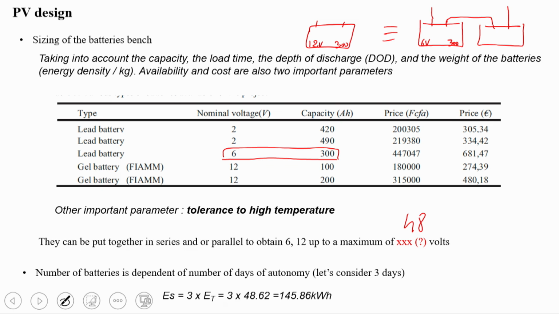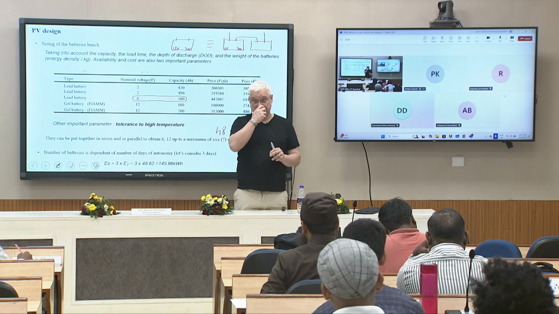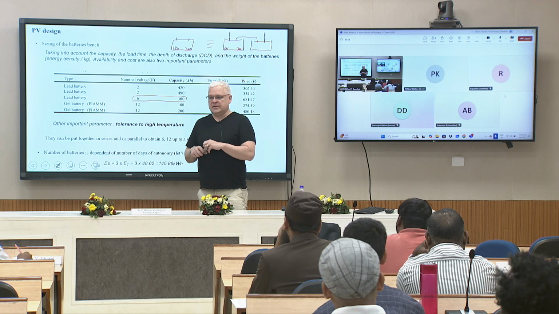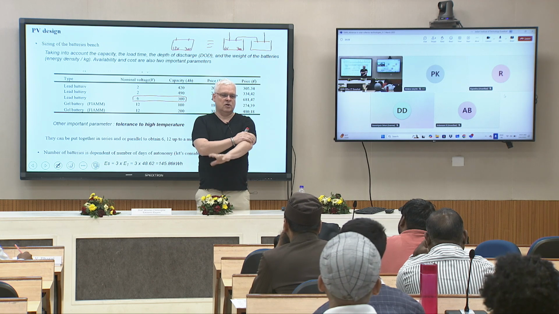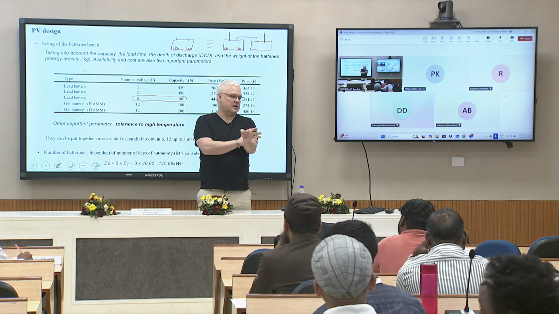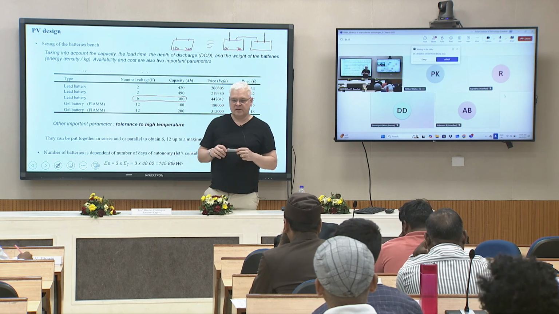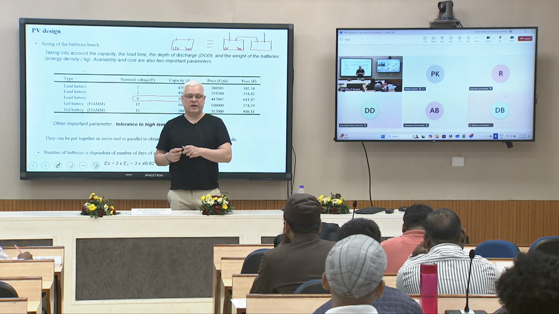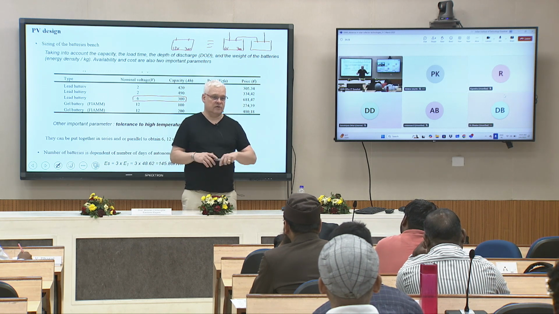Of course, the number of batteries depends on the autonomy we want. At that time we didn't discuss autonomy, which is a key element for the battery. What I suggest is, first, investigate the local climate, to see if it's a country where it is sunny every day and rain is very rare, or if there are periods with no sun for several days.